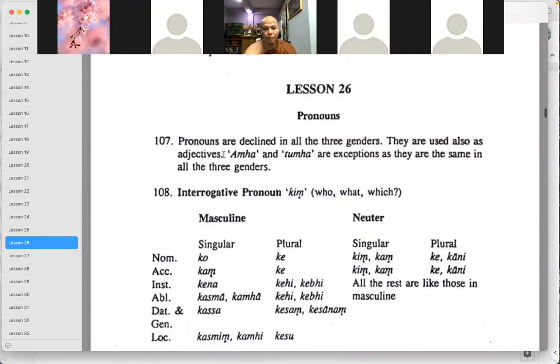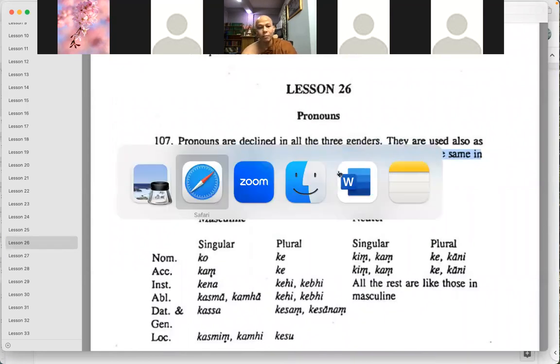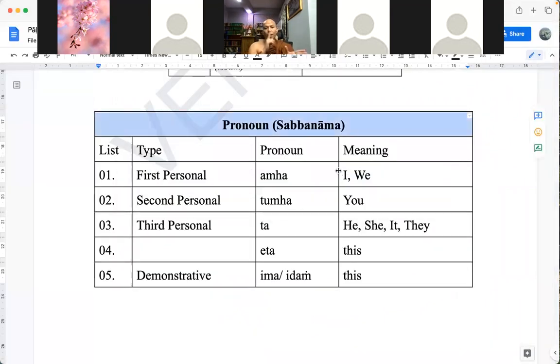You see, amha and tumha are exceptions as they are the same in all three genders, not like the others. The exceptions will be different, so in the later lesson we will learn. That is why the chart I made is for the other pronouns, most of the pronouns ending in a, except amha and tumha. Oh, yeah, so later on we will learn about this one.